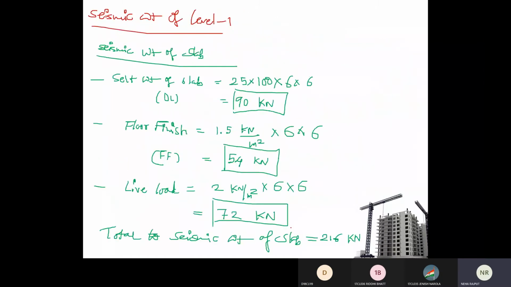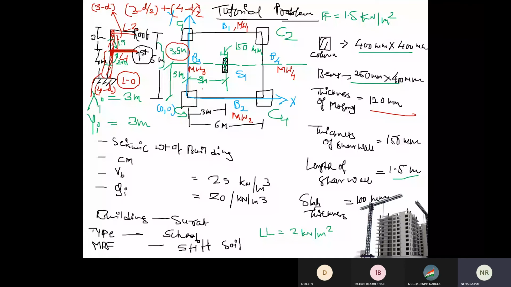Is there any structure member remain from your plan? Slab is covered, beam is covered, wall is covered, and shear wall is covered. Right.